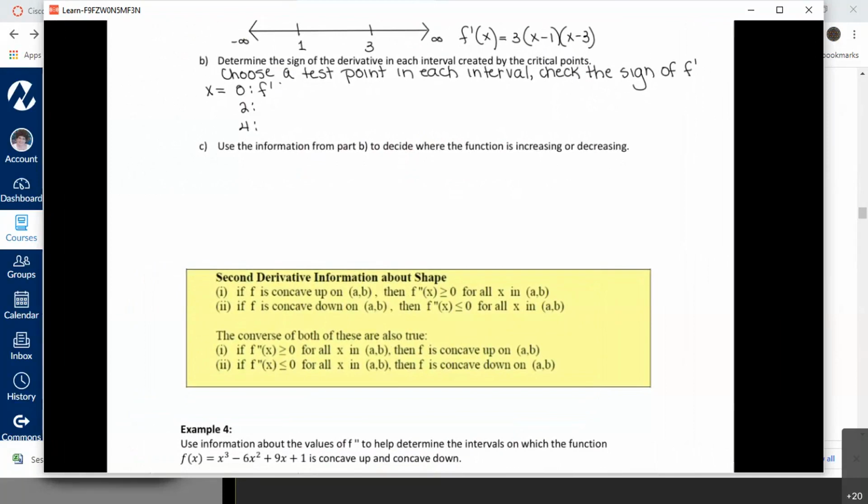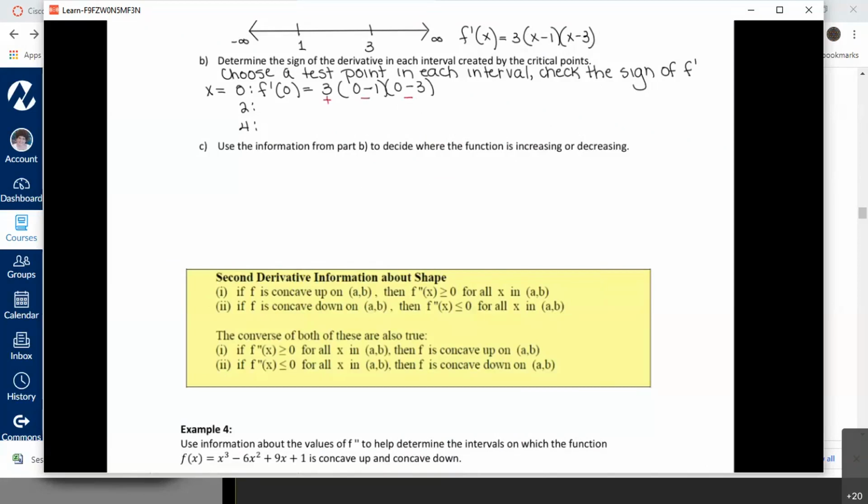f prime of 0 is 3 times 0 minus 1, 0 minus 3. I'm just plugging in 0 in place of x here. Then all you have to do is look at the signs of each factor. 3 is positive, 0 minus 1 is negative, 0 minus 3 is negative.